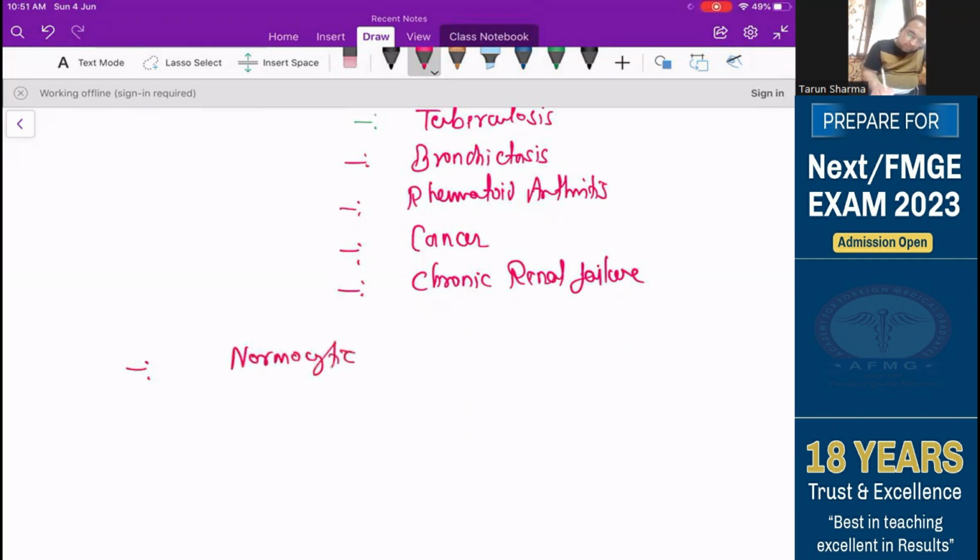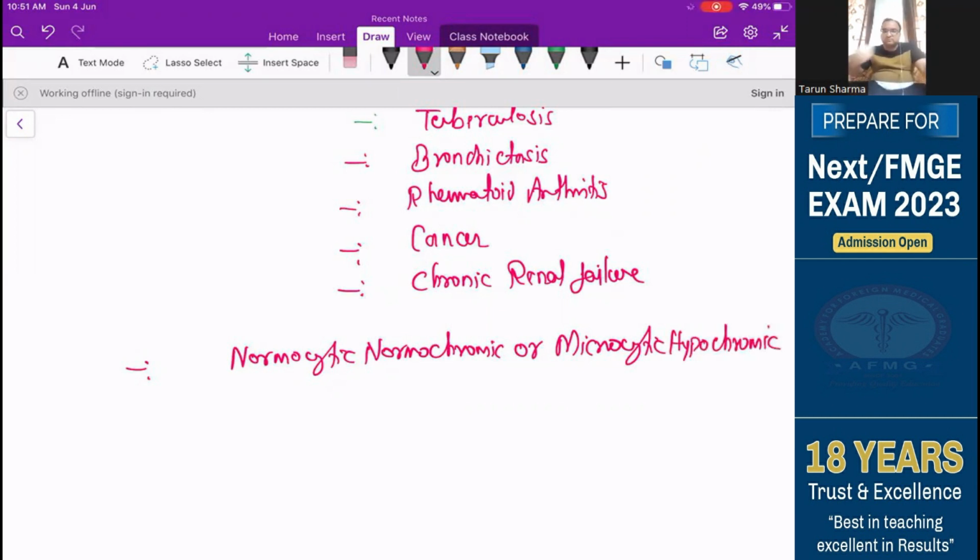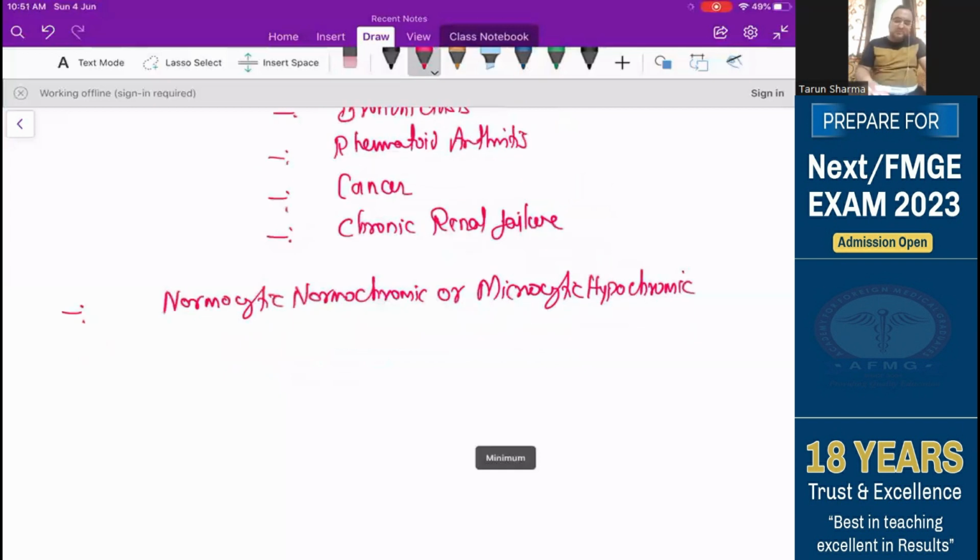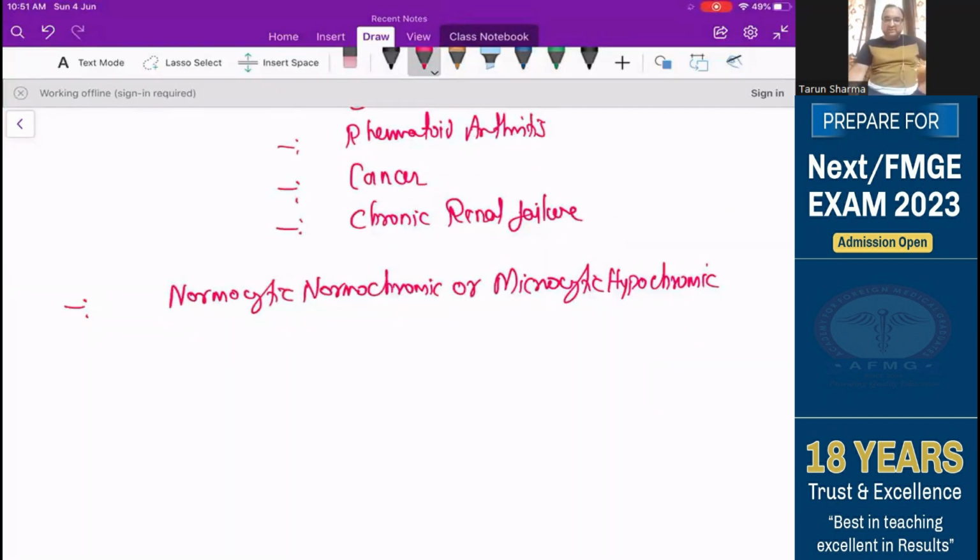The RBCs will have a normocytic, normochromic appearance, or they will have a microcytic, hypochromic appearance. Please remember that in anemia of chronic disease, the RBC morphology can be normocytic, or it can be microcytic also.